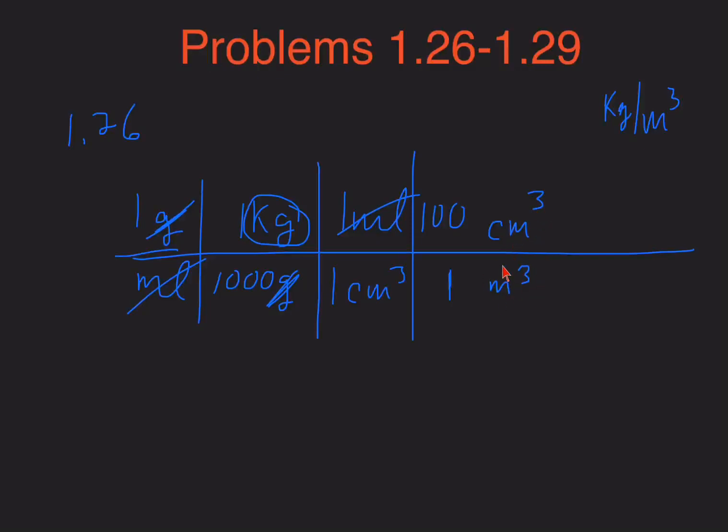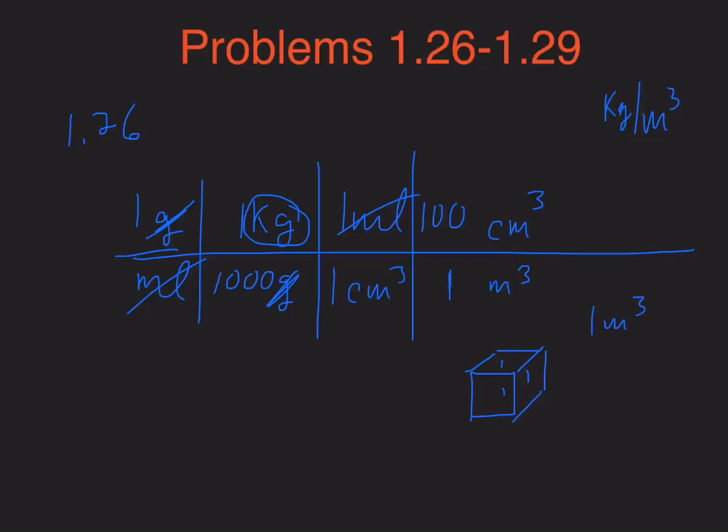So what I need to do is actually cube this 100. If you don't understand why, you can look at a cube, a 1 by 1 by 1 meter cube. So 1 times 1 times 1 meter times meter times meter is 1 cubic meter.